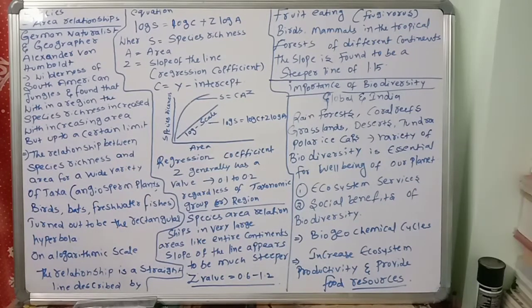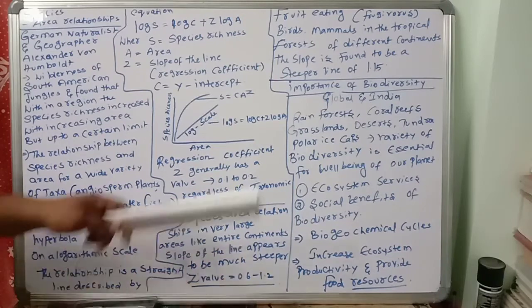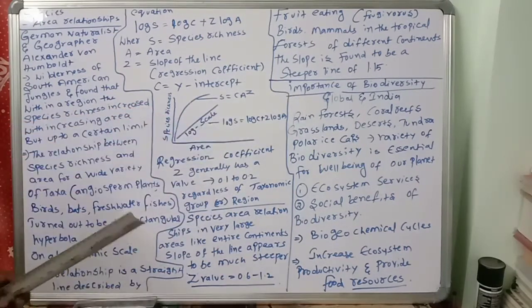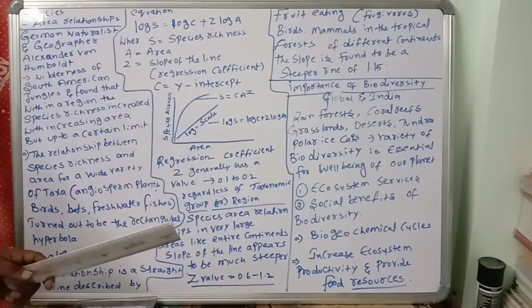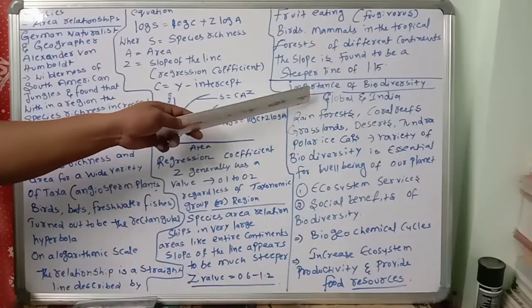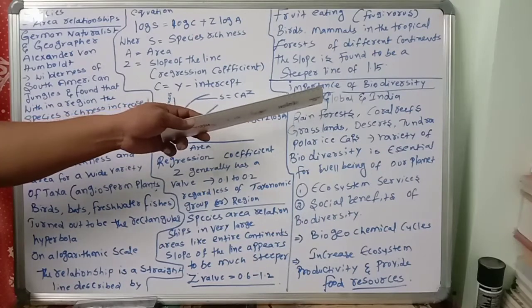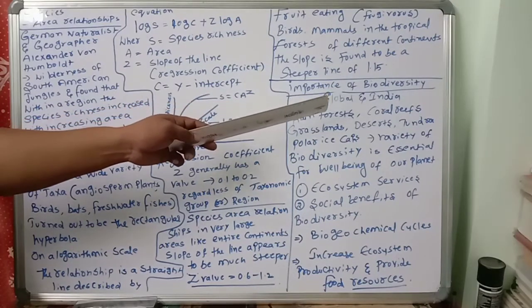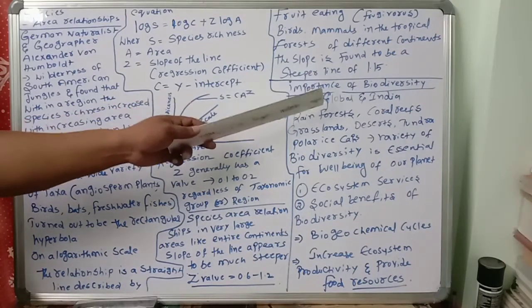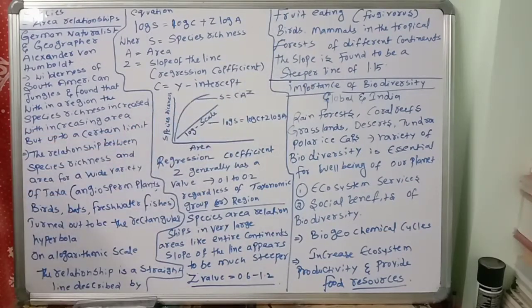That is the number of different species of flora and fauna, including microorganisms. So biodiversity consists of what? Plants, animals, and microorganisms.